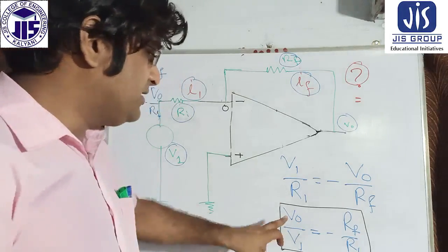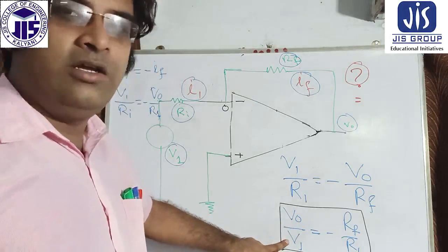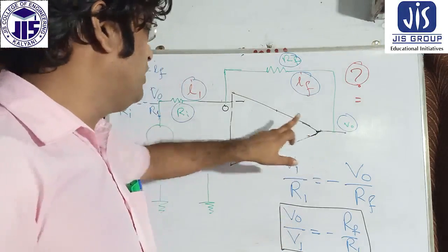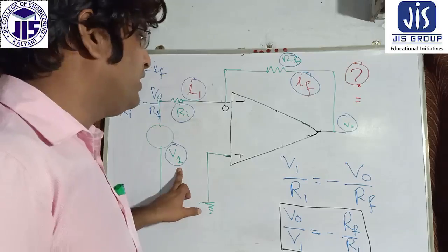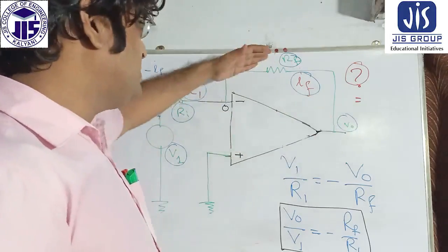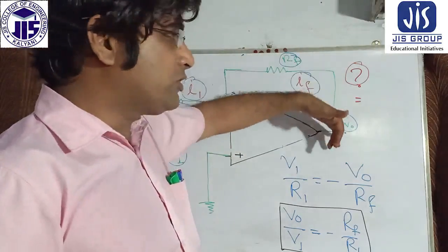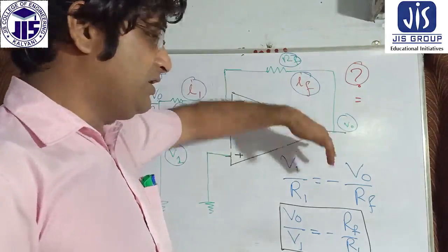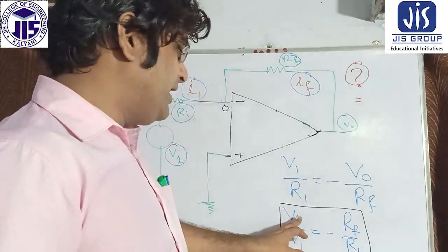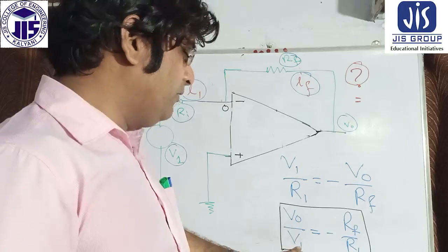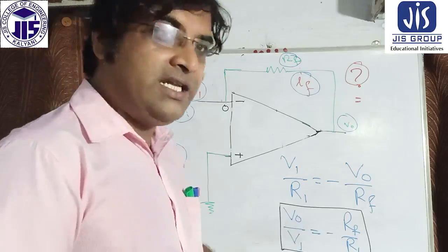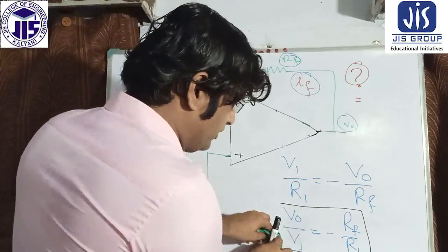This V0 by V1 represents the output voltage by the input voltage. This is the closed loop condition, and in that case V0 by V1 actually represents the gain.